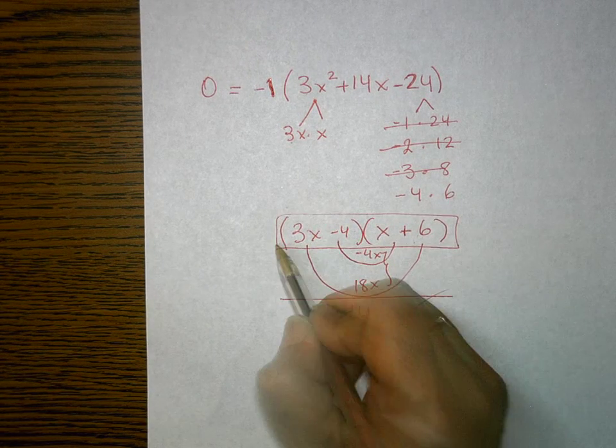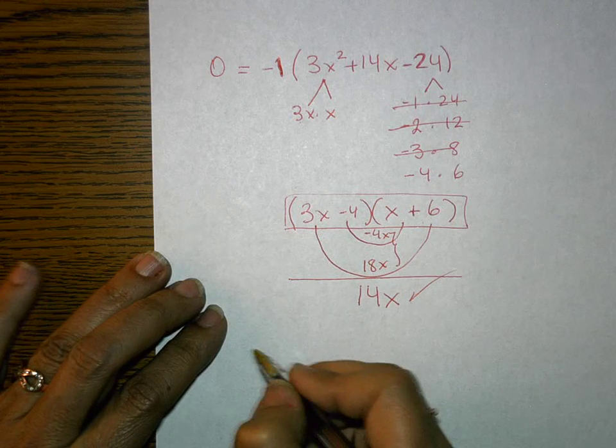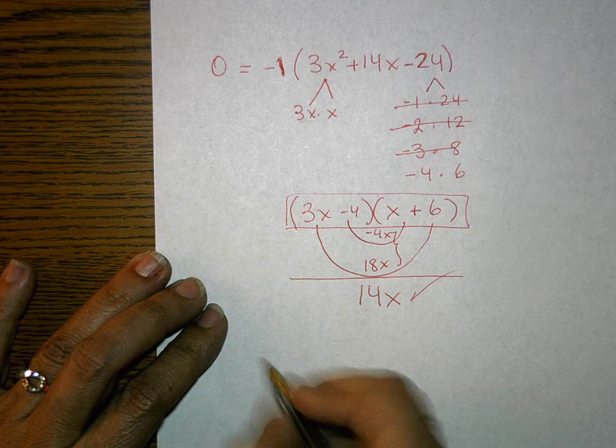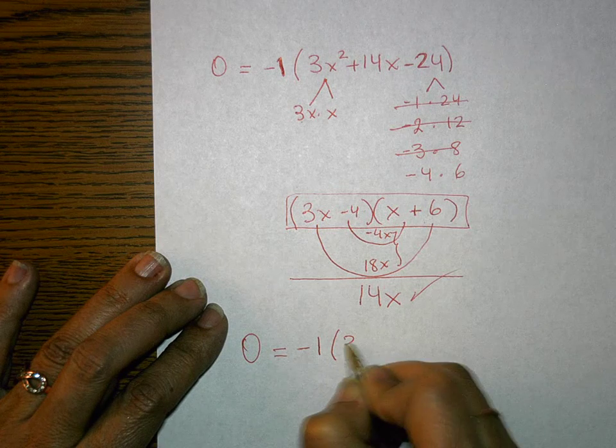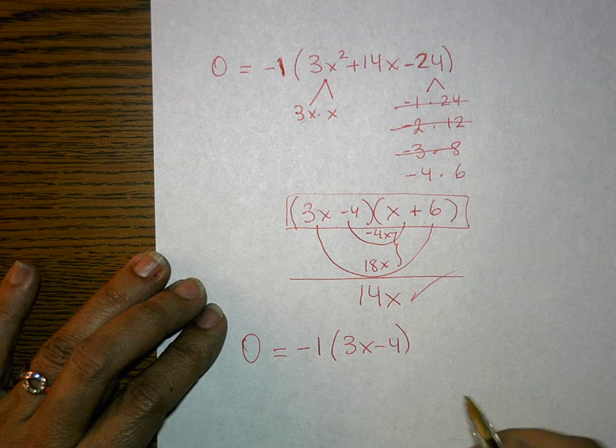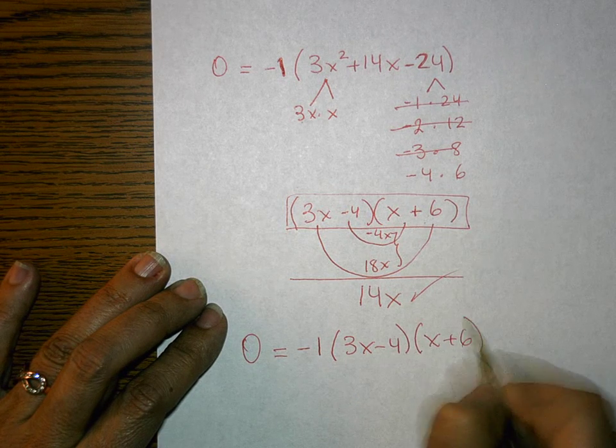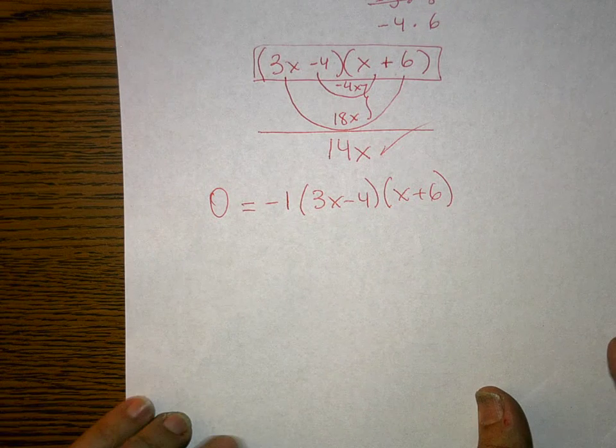But remember, from the beginning, I'm going to come back over here, it is 0 equals negative 1 times the 3x minus 4 times the x plus 6. Those are all the three factors from our original equation.